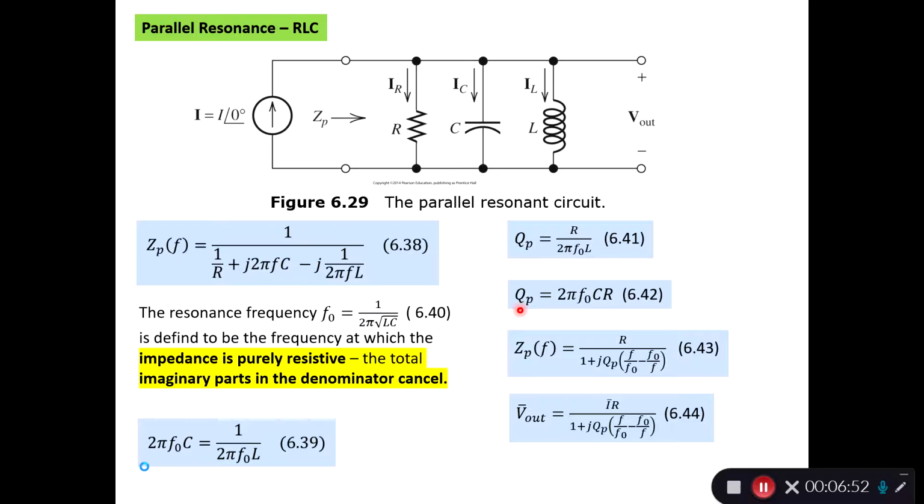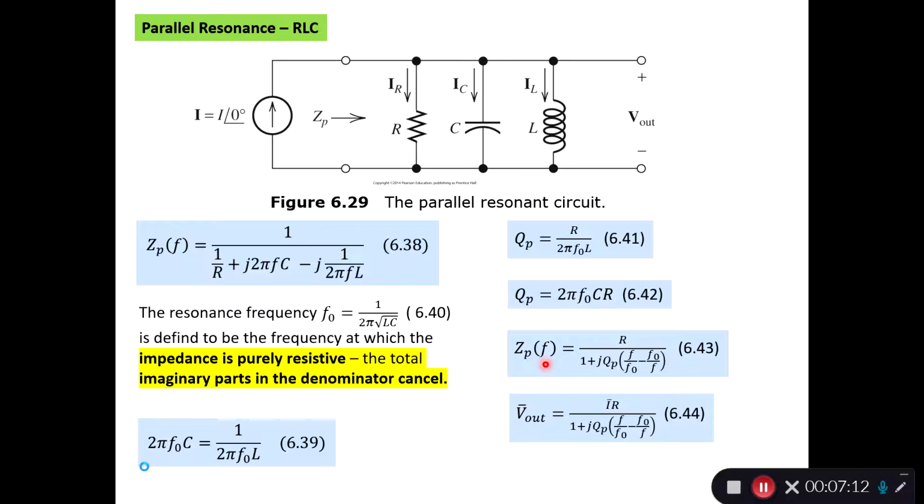For the quality factor for the parallel, together with the capacitor, it's 2π, the resonance frequency, times C times R.